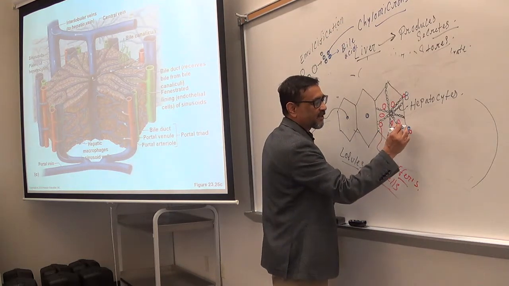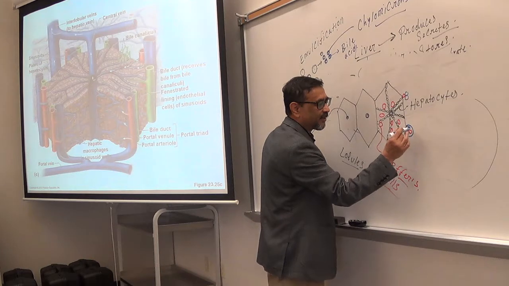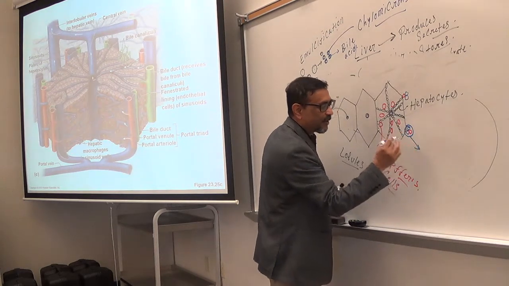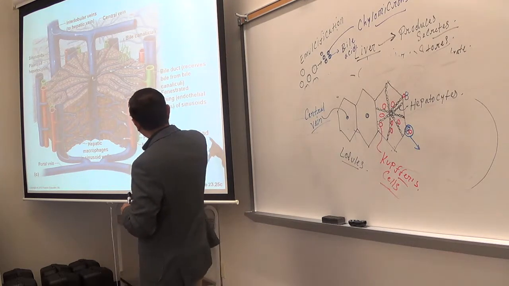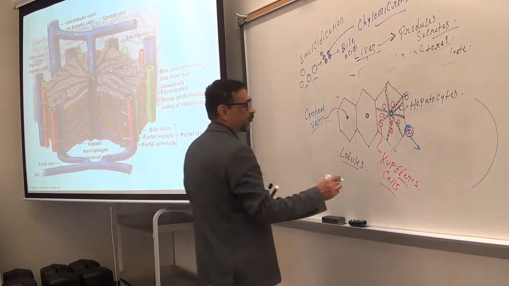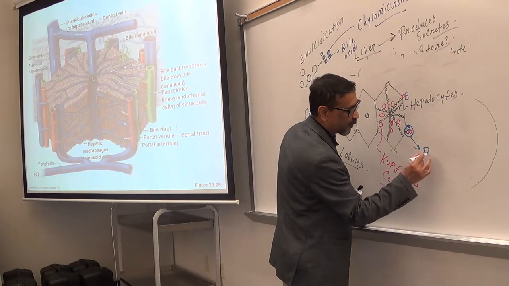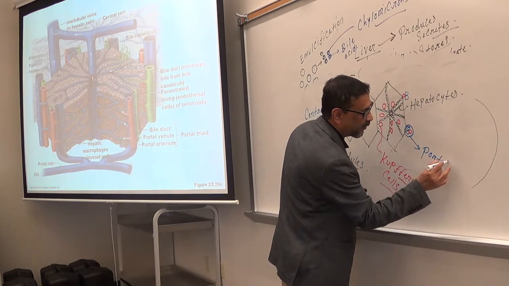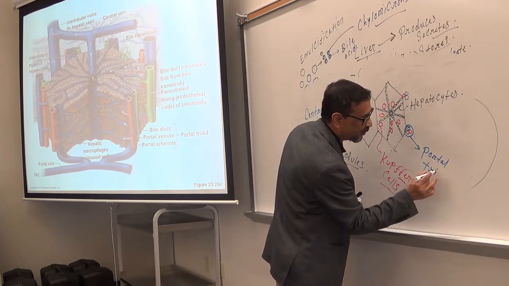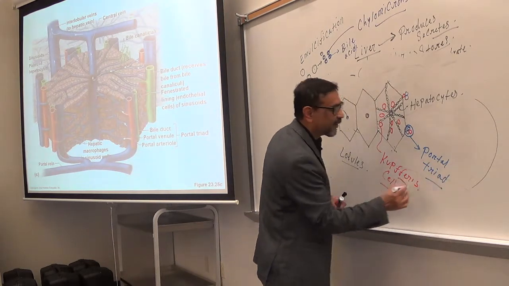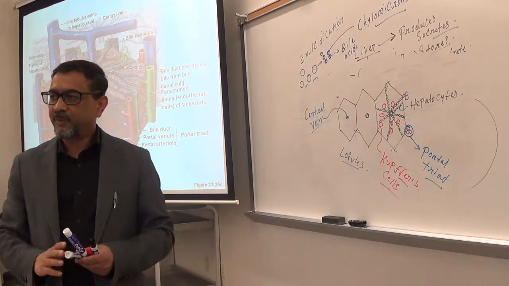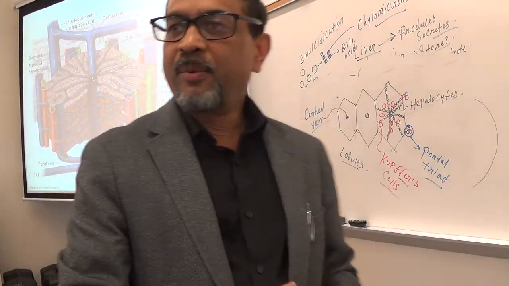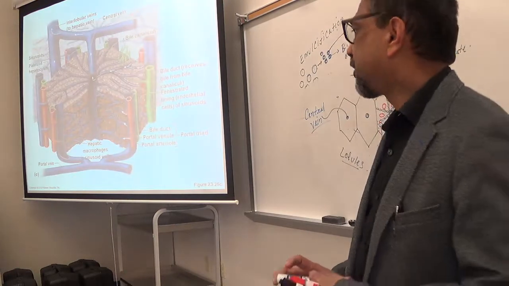And those 3 structures together are called the portal triad. So in each corner of the lobule you have a portal triad.